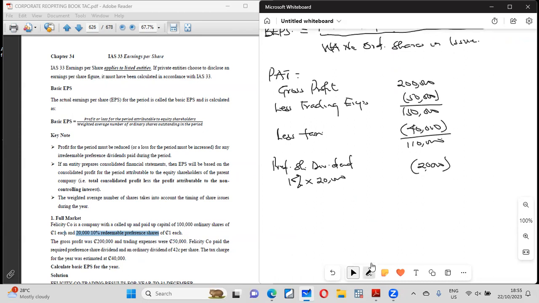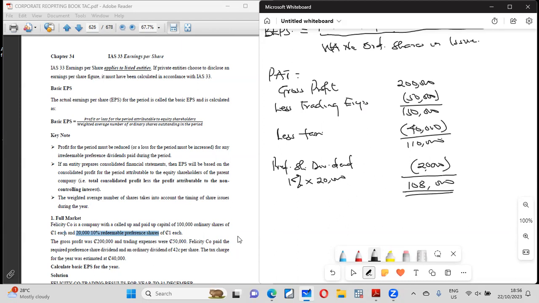And how much will we have now? Somebody should punch the figures and give us. So we have 108, right? All right. So we have our profit after tax.